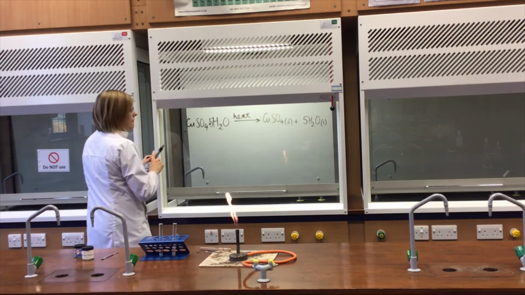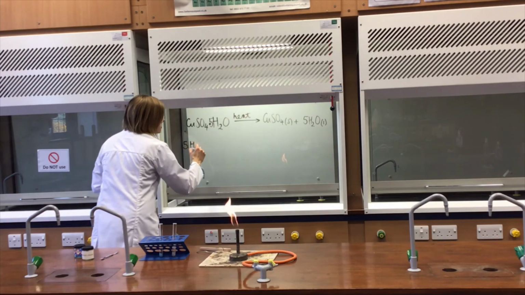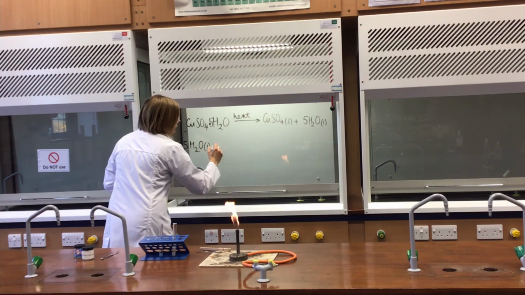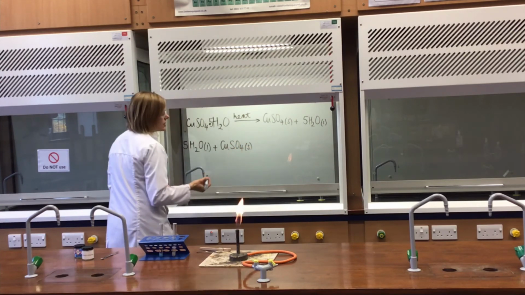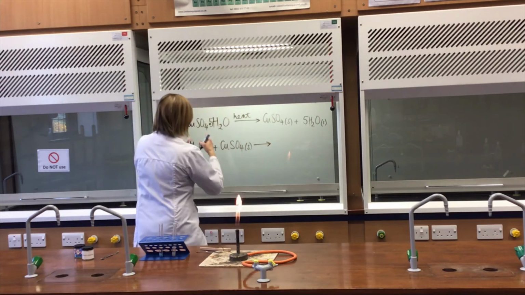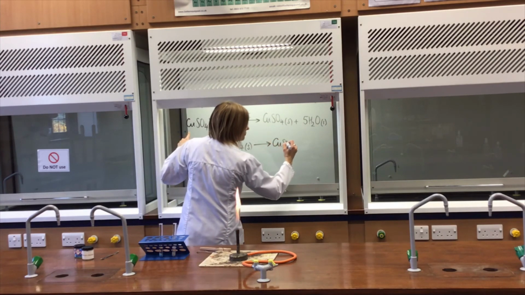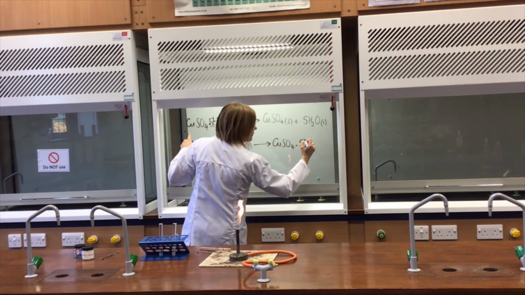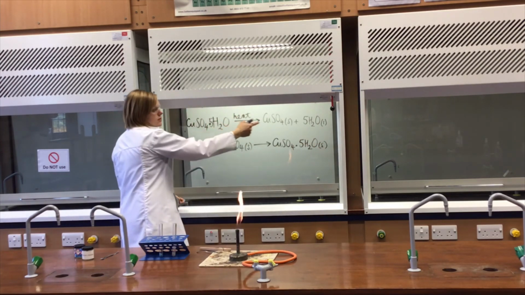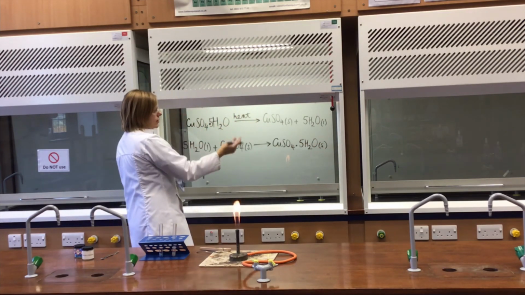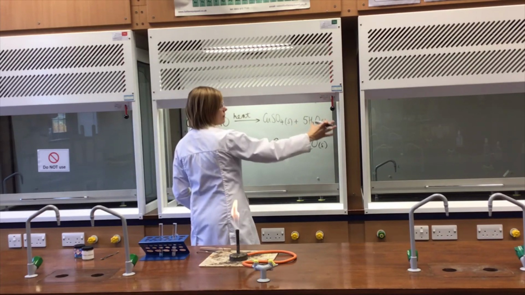If we then take 5 waters, 5H2O liquid, and add them to that anhydrous white powder as a solid, then that makes this stuff again, CuSO4 dot 5H2O solid.